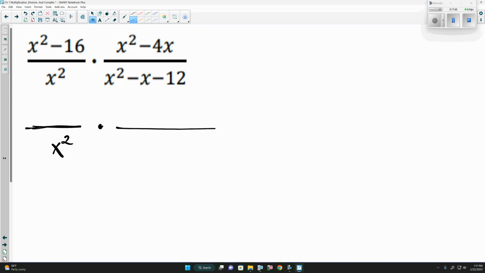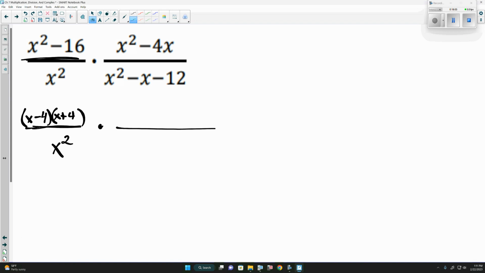X squared minus 16 is a difference of perfect squares. There is no greatest common factor because we can look for it first. But x squared is x and x. 16 is 4 and 4, and we would have plus and minus.